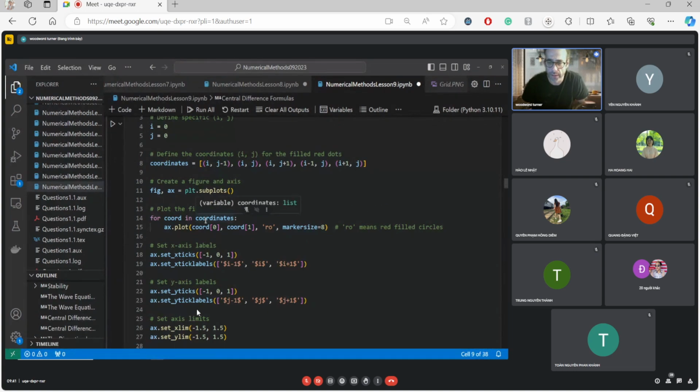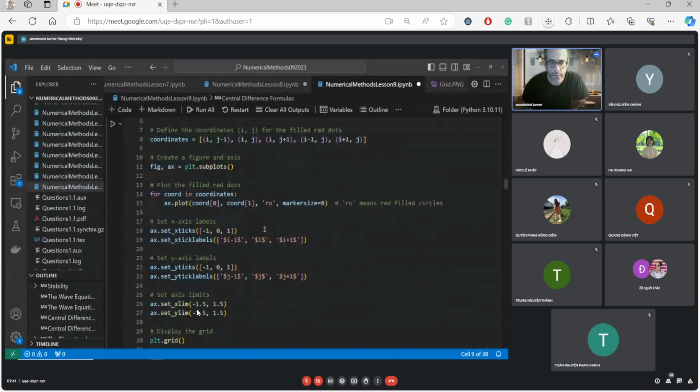So for each fixed point in the space dimension, we can still vary the time dimension. And the local error here, since we're using t minus k, t plus k as an interval locally around a point that we choose to evaluate this function on, will be the order of h squared plus the order of k squared.